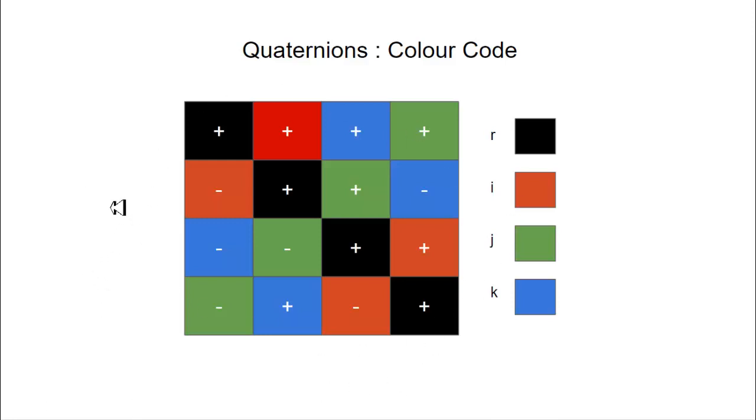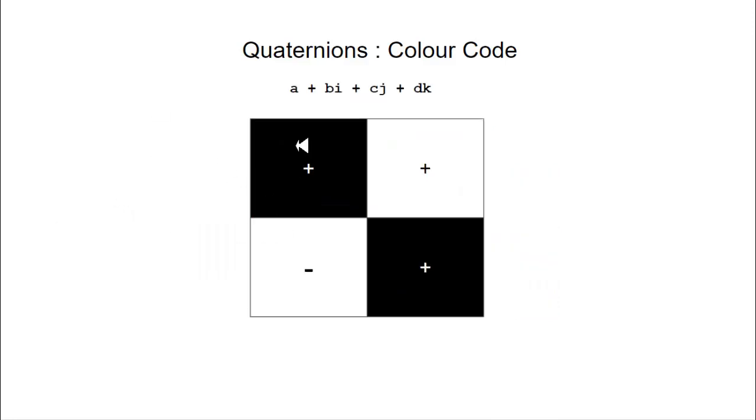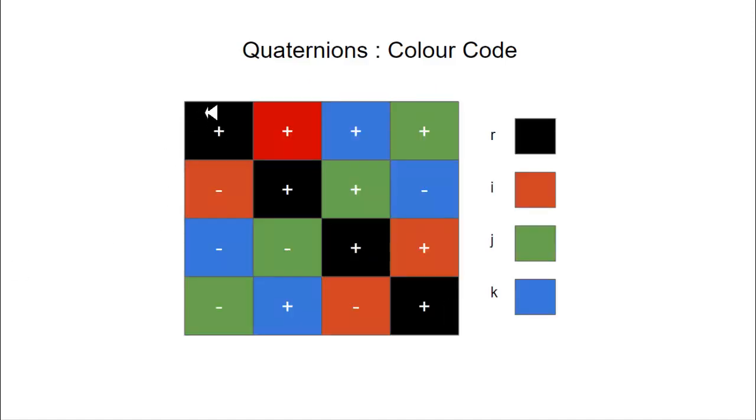And so what we have here: in the 2 by 2 matrix, the forward diagonal was the real component, and we painted it black. So here the forward diagonal is the real component, real is black, only now the forward diagonal has 4 entries instead of 2 entries.